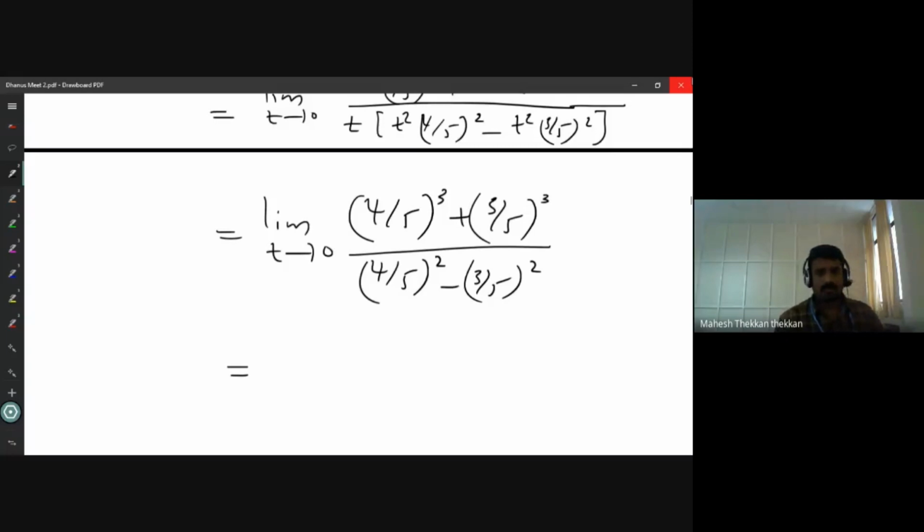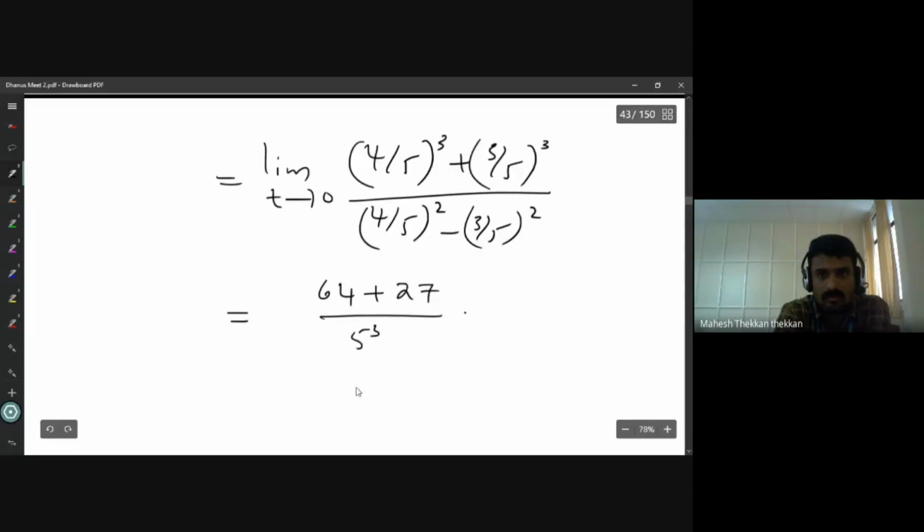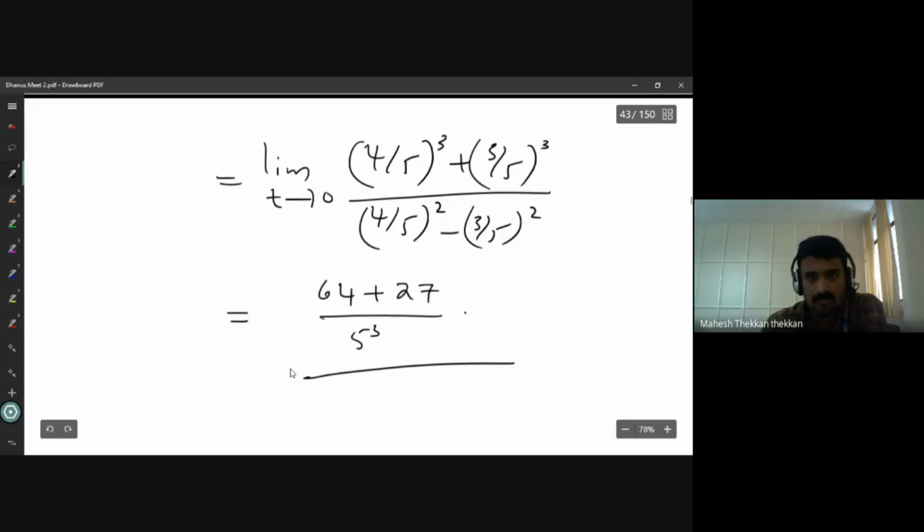Or you can compute directly. Okay, what will be that? You can write it. This is 4 cube is 64 plus 27 by 5 cube, whole divided by 16 minus 9 by 5 square.